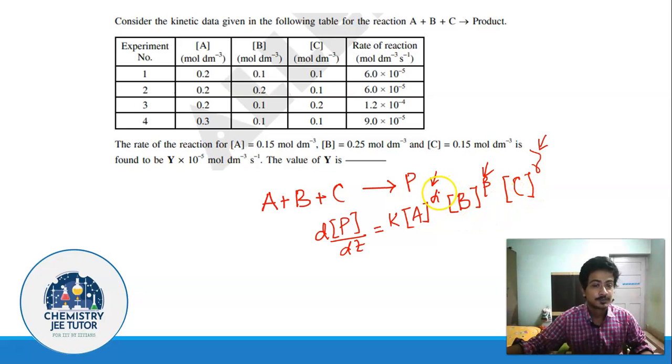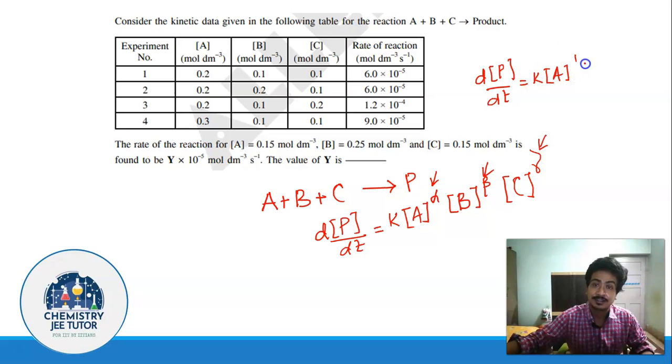So the order of the reaction is alpha with respect to A, beta with respect to B and gamma with respect to C. Now I believe you know the difference between order and molecularity of a reaction. In which cases we cannot write it like this, mind it.